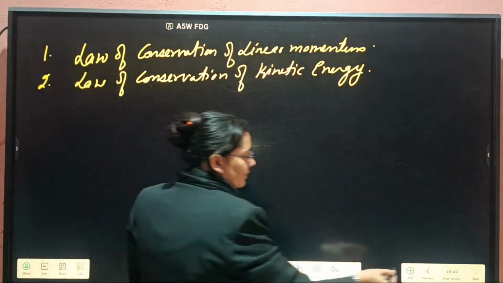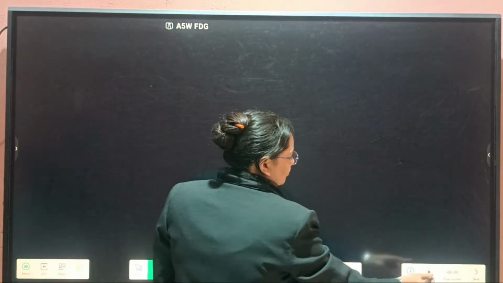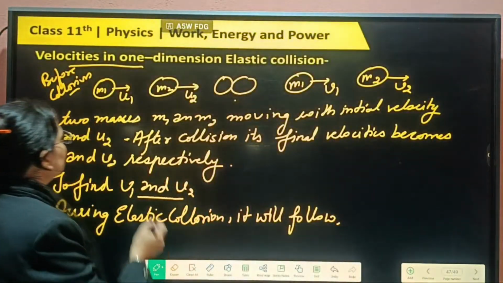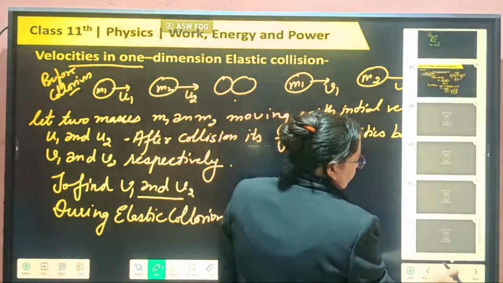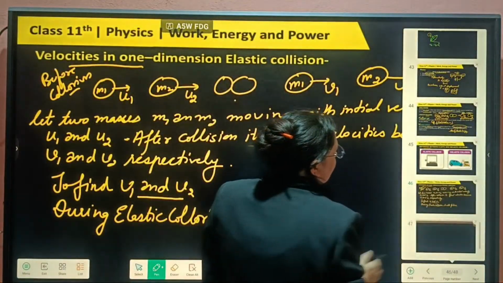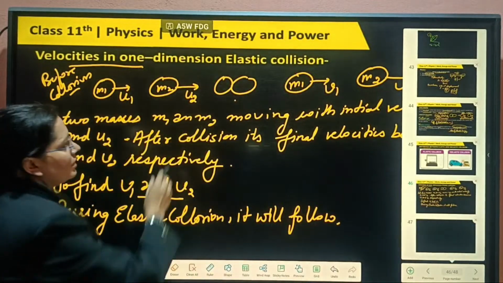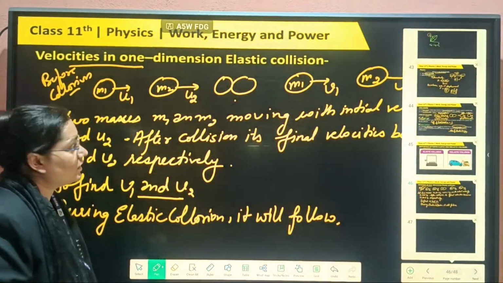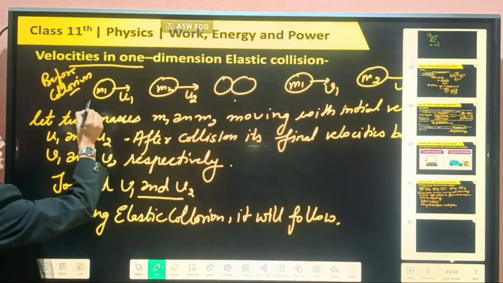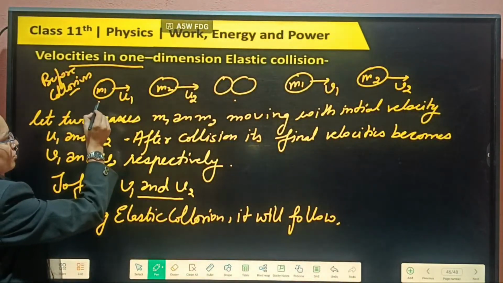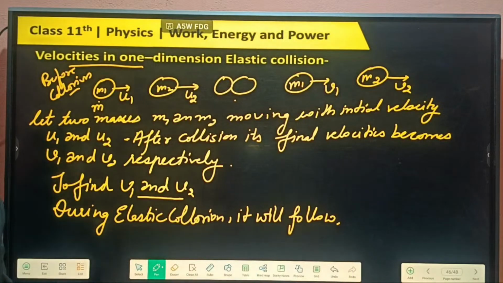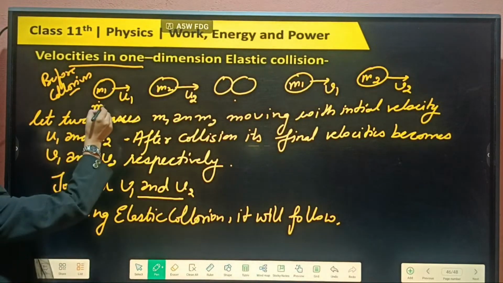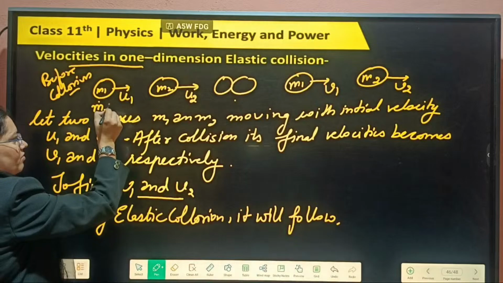Then here we will take, beta, in the collision we are writing total initial linear momentum equal to total final momentum of both bodies. Here the initial momentum, the mass of this body is m1, then momentum we can write as mass into velocity. So initial momentum of this mass is m1 u1.